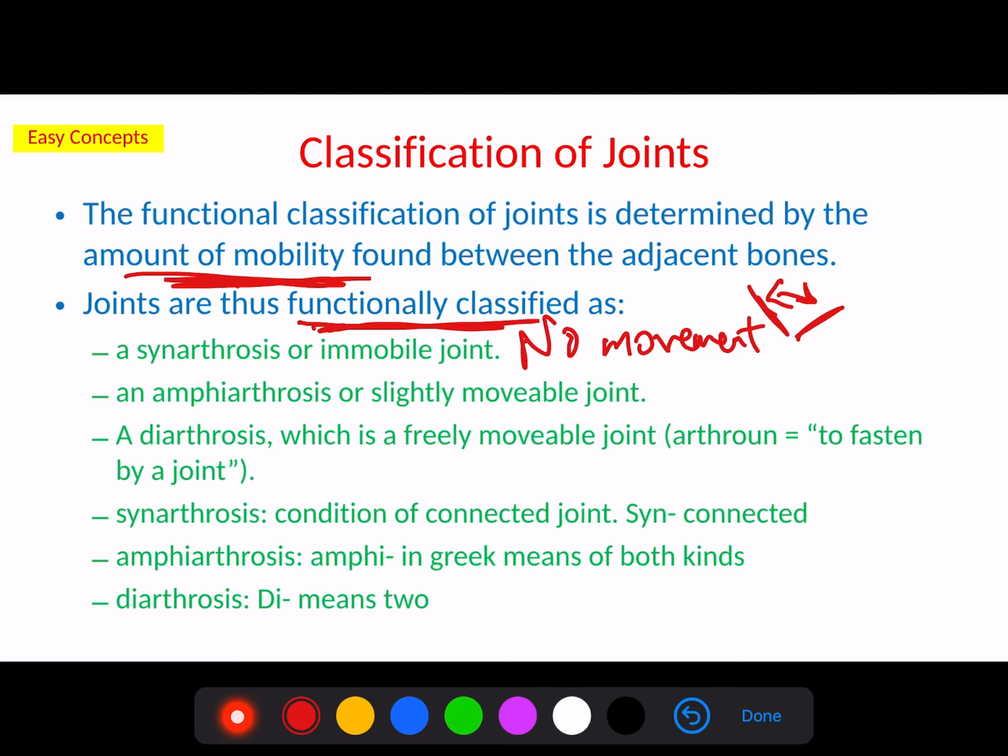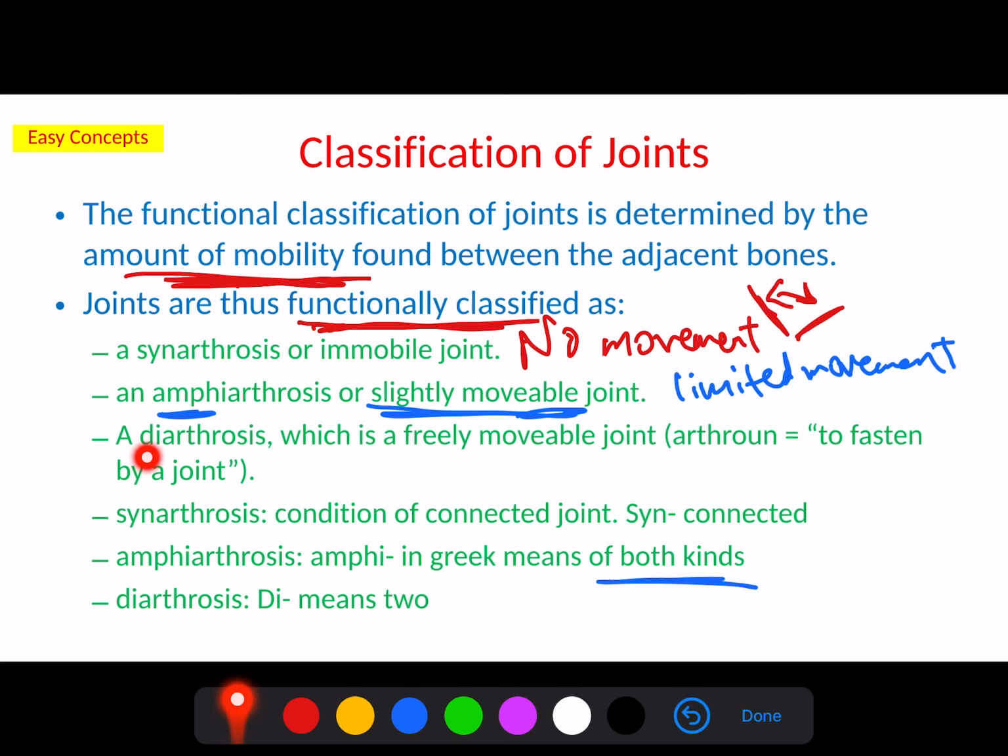We'll see some examples. Then the second type is called amphiarthrosis, or slightly movable joint. So this allows very limited movement. Amphi in general means of both kinds, so this is like in between.